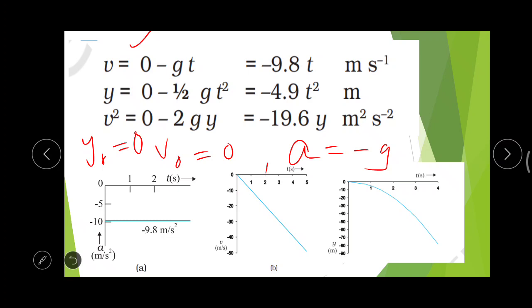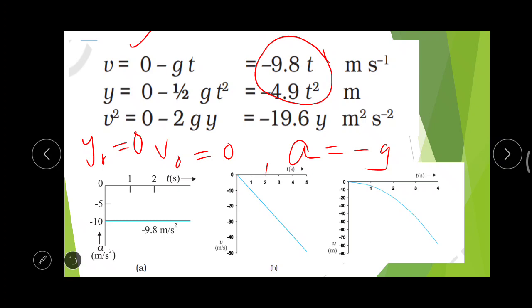Now y is equal to v0t plus half at square, where v0 is 0, so v0 into t will be 0, and where a is equal to minus g, so minus half gt square. And we are substituting the value of g in that equation, and you are obtaining a particular equation in terms of t only.